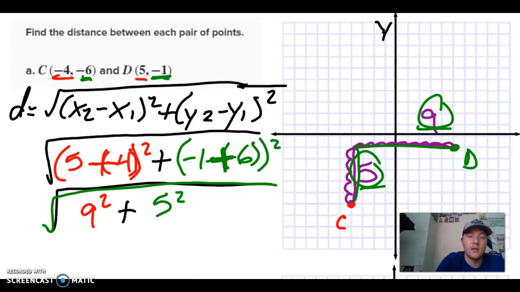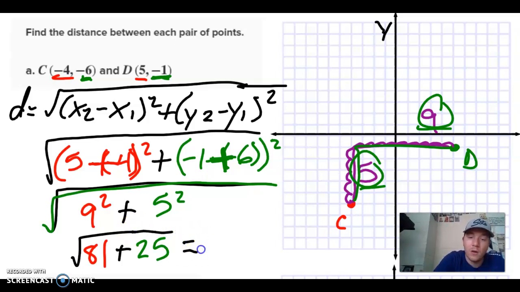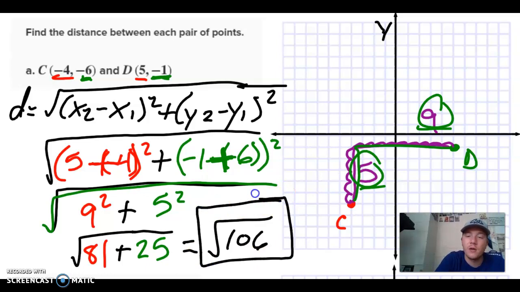So then I've got 9 squared is 81, plus 5 squared, which is 25, and I'm going to end up then with square root of 106. Now that is not a perfect square.